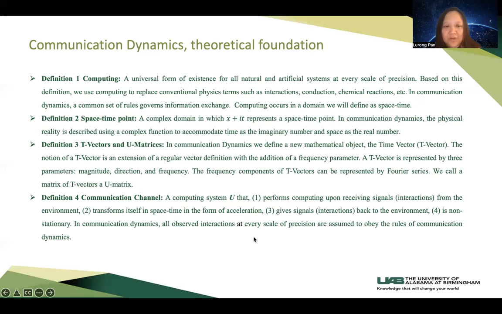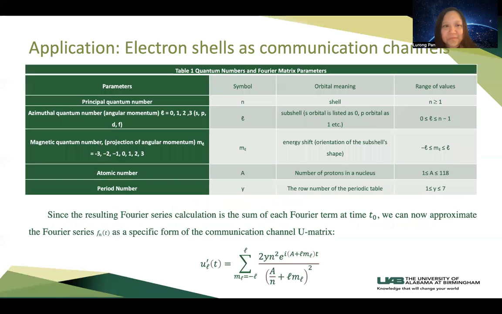In communication dynamics, all observed interactions at every scale of precision are assumed to obey the rules of communication dynamics. Which means we apply this general assumption that communication dynamics can be applied at different scales and to different subject matters, as long as we have a precise and proper definition of the communication channel for that system.